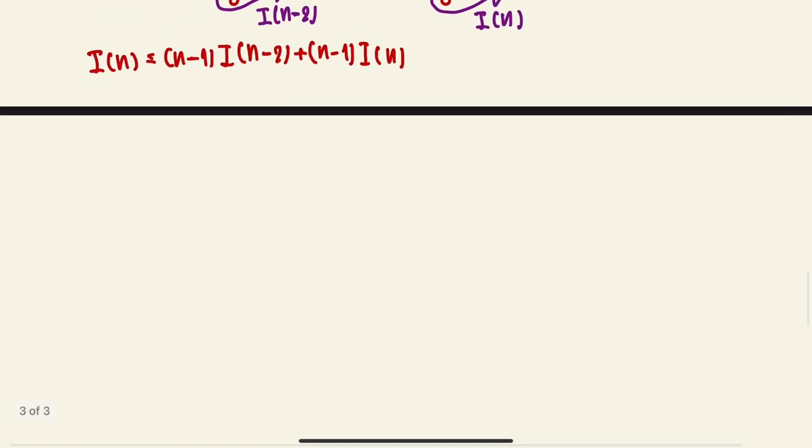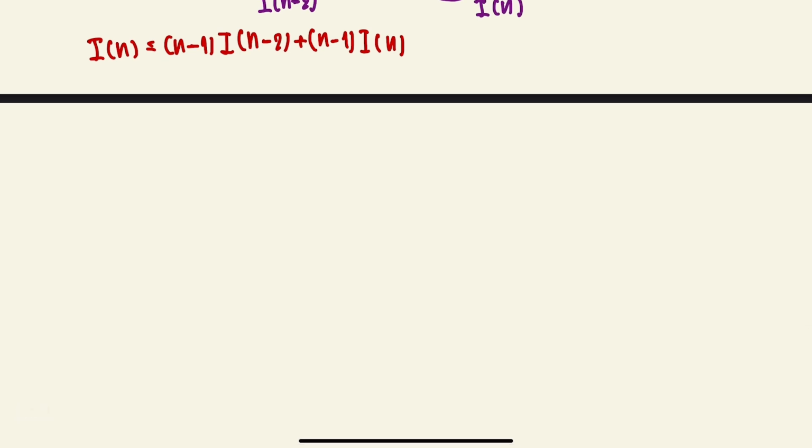Move this one to the left-hand side. It's going to be I n minus n minus 1 I n equal to n minus 1 times I n minus 2.